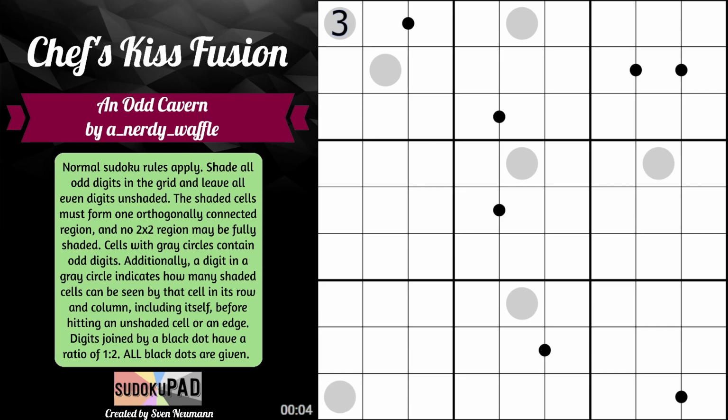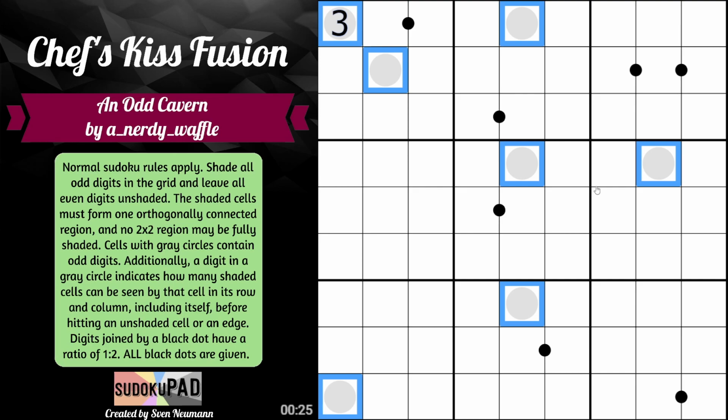All right. There's a lot to unpack here. I'm going to look here, but I'm going to start by doing the easy thing, I think, and shading all of these odd digits.